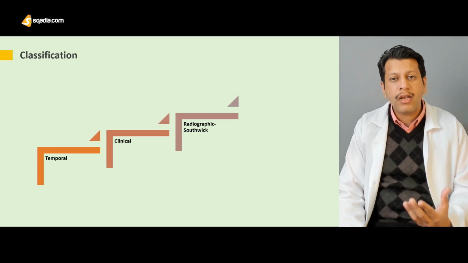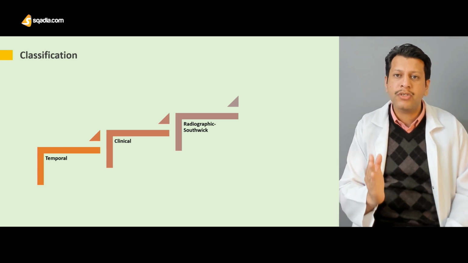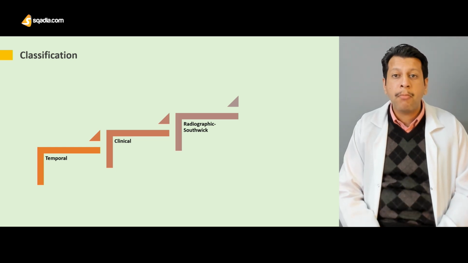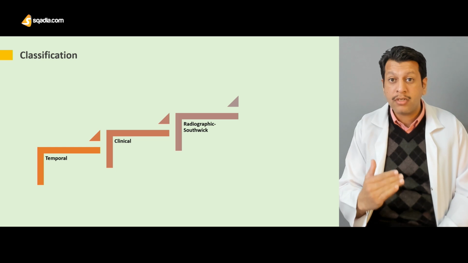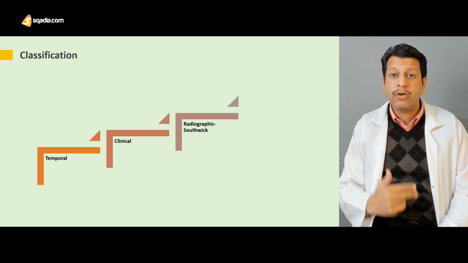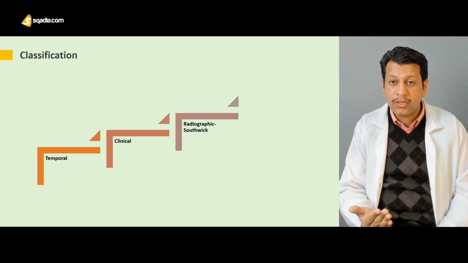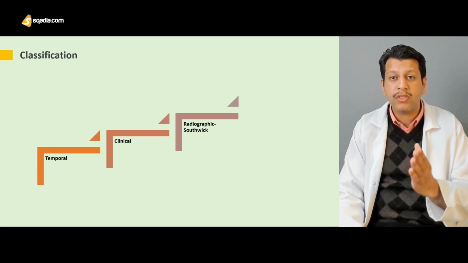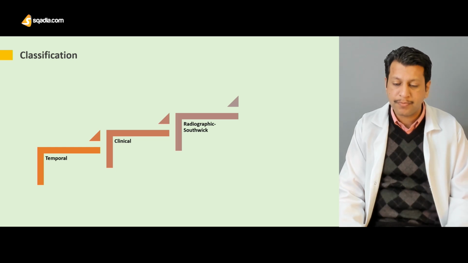These radiographic measurements let us differentiate mild, moderate, and severe slips. Mild slip is when the angle difference is less than 30 degrees. Moderate slip is from 30 to 60 degrees, and severe slip is more than 60 degrees of difference between the normal and the abnormal side.